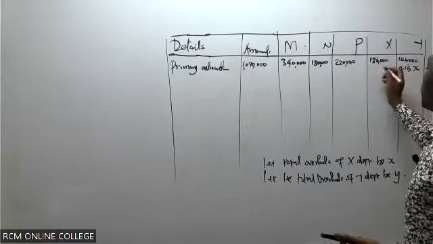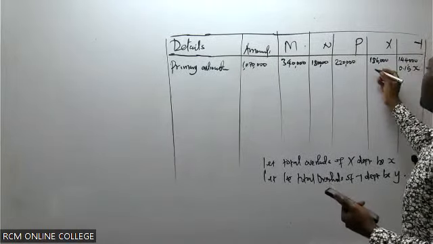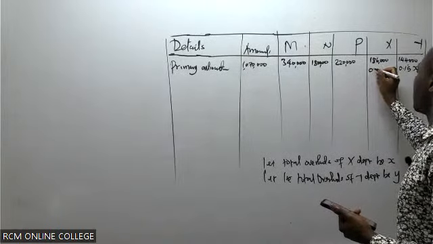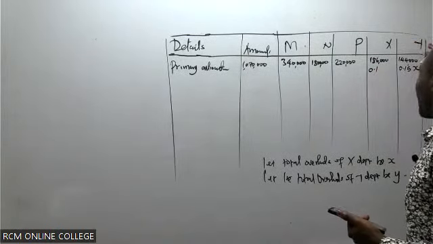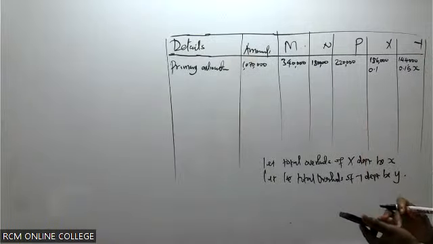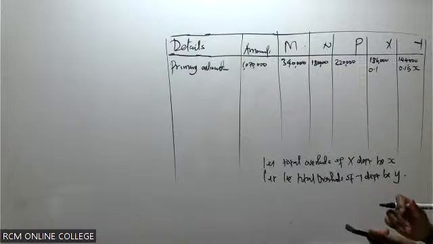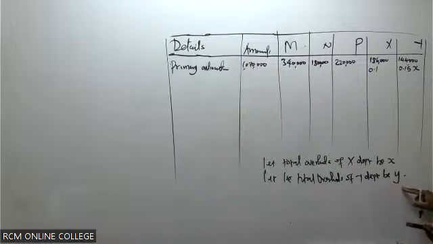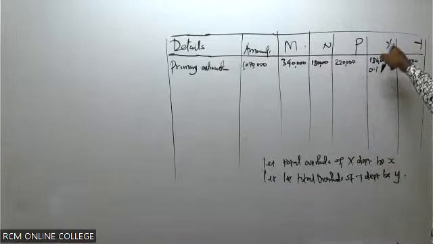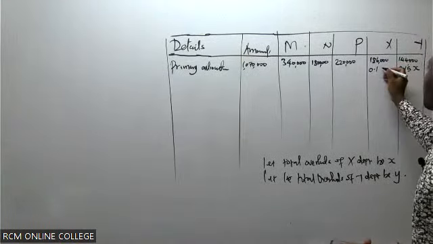So X will have 186,000 plus 10% of the totals of Y. What did we say about the totals for department Y? It is represented by letter Y. So X is receiving 0.1 or 10% of the totals of Y.